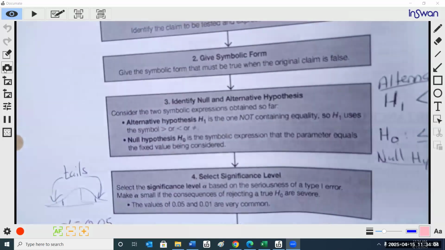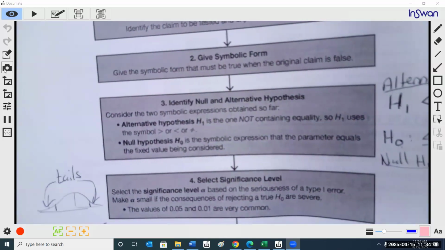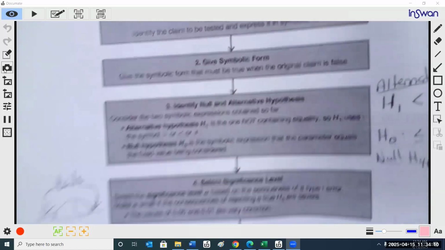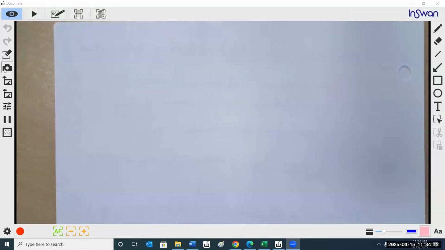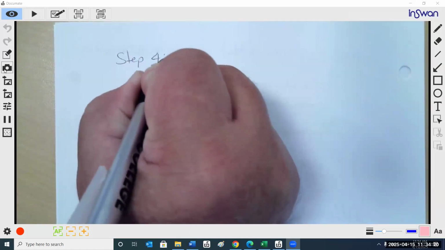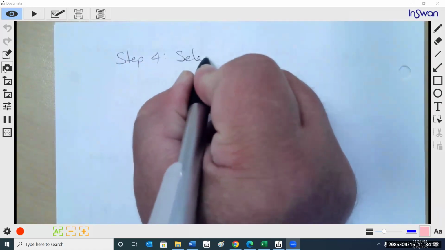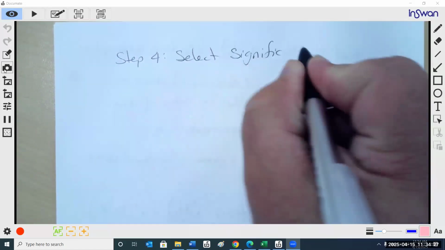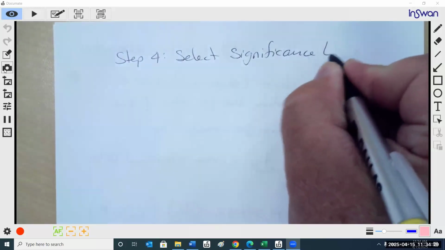Now in step 4 it says select significance level. What does that mean? Step 4, select significance level.